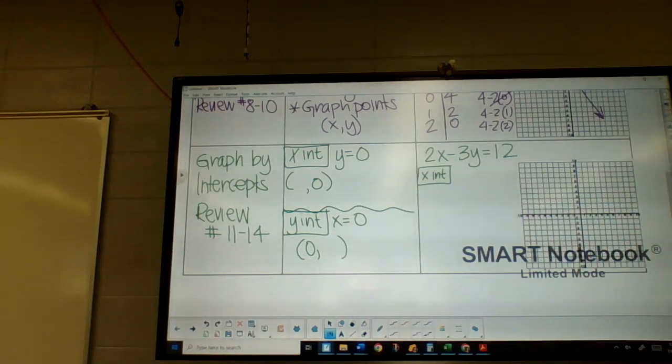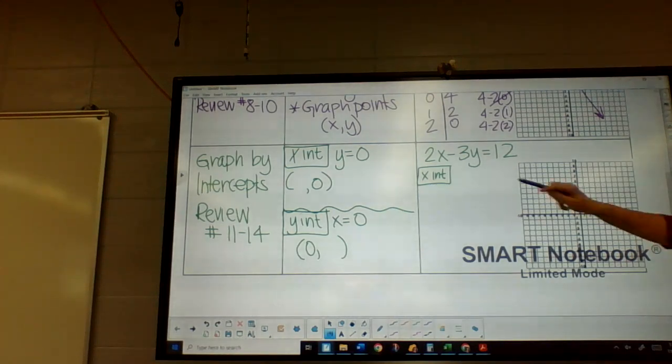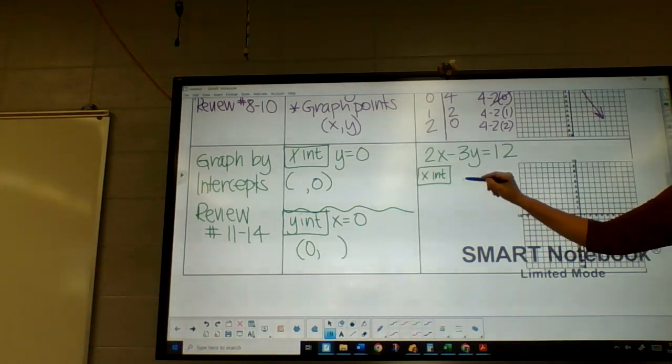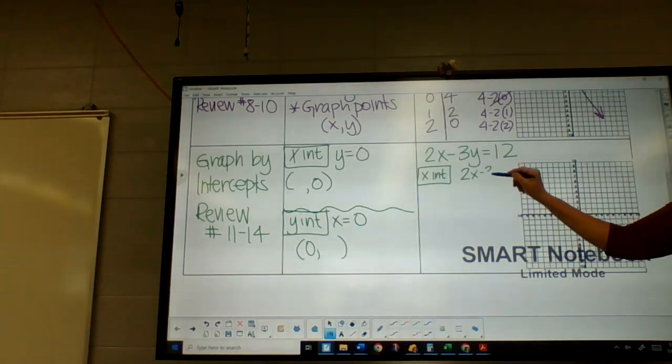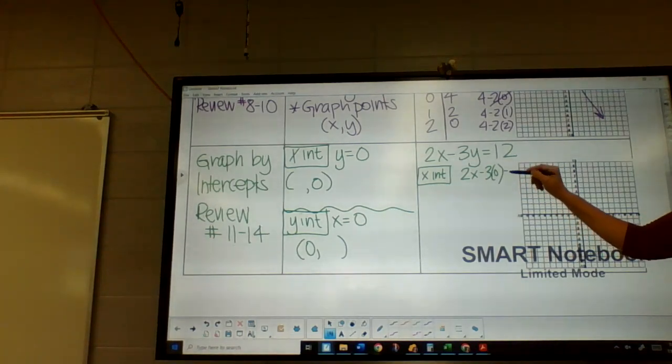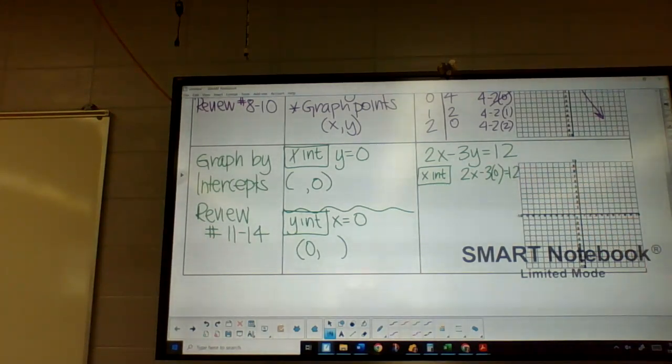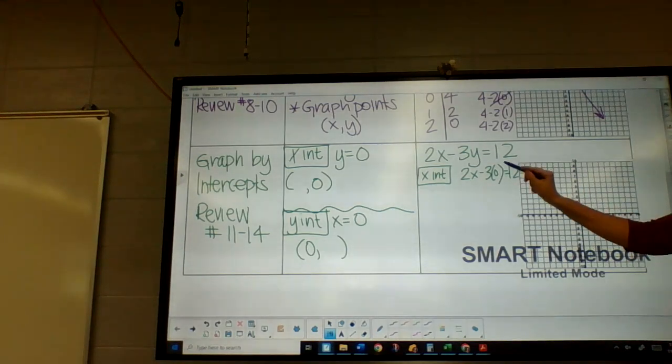Again, for my x-intercept, I'm going to put y in as 0. So the y is 0. I'm making that second half be 0 there. So this cancels.